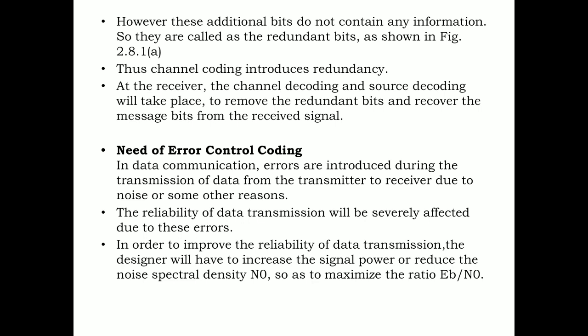The reliability of data transmission will be severely affected due to this error. In order to improve the reliability of data transmission, the designer will have to increase the signal power or reduce the noise spectral density so as to maximize the ratio.